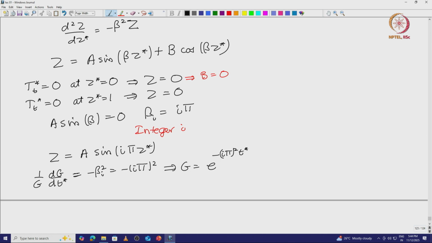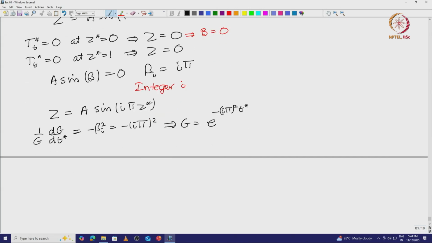That is the solution for G. And if we write the transient part of the temperature as Z times G, this becomes A sine of I pi z star e power minus I pi the whole square t star.